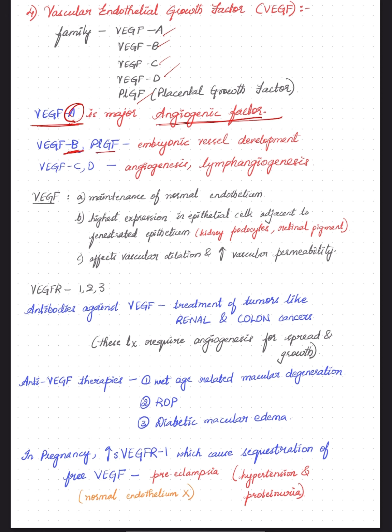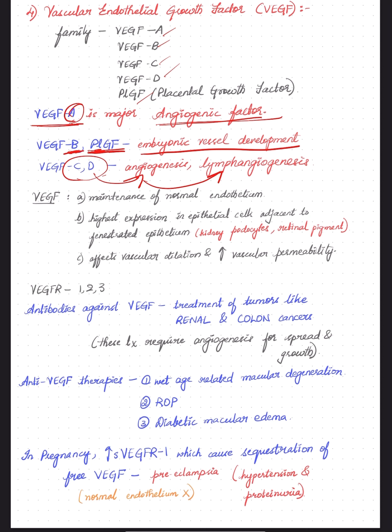B and placental, placental meaning having to do with fetus or embryo. B, baby, and placenta. VEGF-B and placental growth factor are involved in embryonic vessel development. Whereas C and D are also involved in angiogenesis, and apart from angiogenesis, lymphangiogenesis as well, that is lymph vessel development.